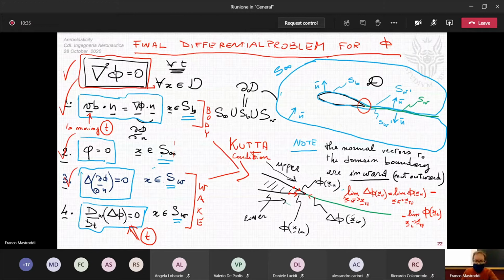And after this, we have also linked this property with the boundary condition on the body, clarifying this point, which is the Kutta condition.